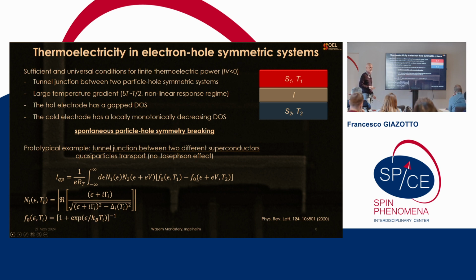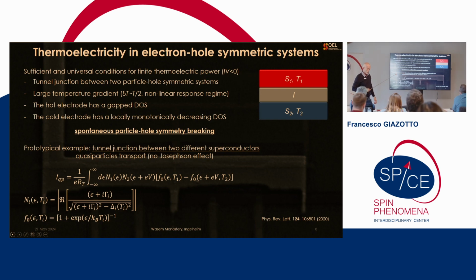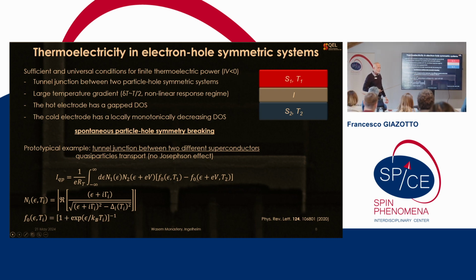I'm just saying this. If you write down the tunnel expression for the quasi-particle current in two different superconductors at different temperatures, in the proper way, where the larger gap is hot and the other is cold, you obtain the manifestation of absolute negative conductance in the system. I will show you. And this is the regime of power production, basically, not power dissipation. So the system starts actively to produce power in your circuit.